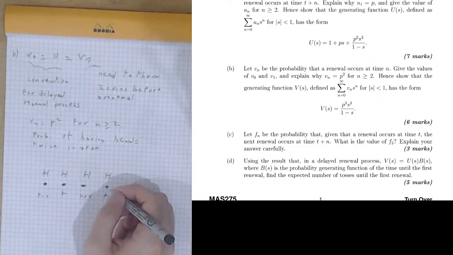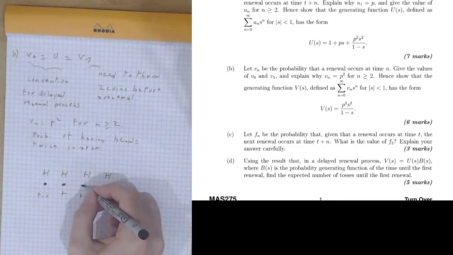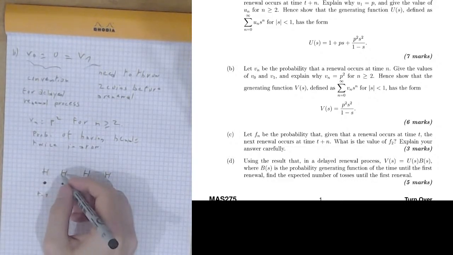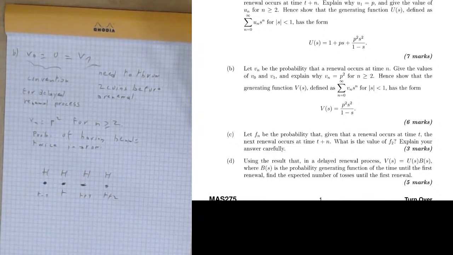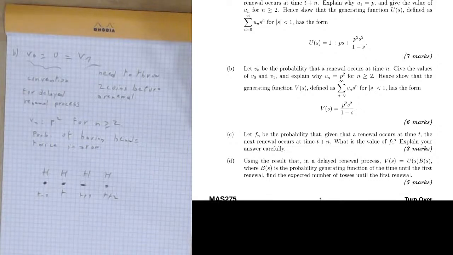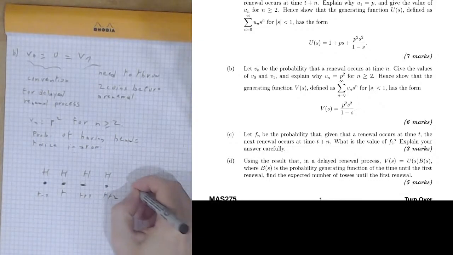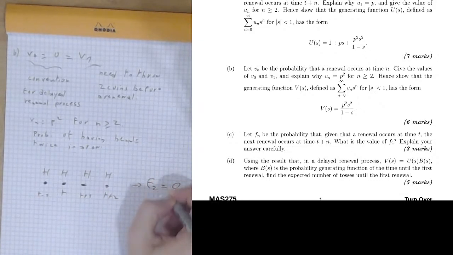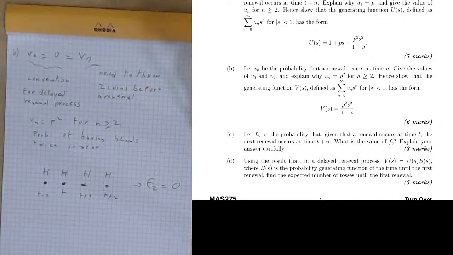Problem: now we have a renewal at t plus 1, because we have h and h. So actually we can't have a renewal at t plus 2. Interestingly enough, f2 equals 0. Well, we can have a renewal at t plus 2 like this, but then it's not the next one. And this is why f2 equals 0.